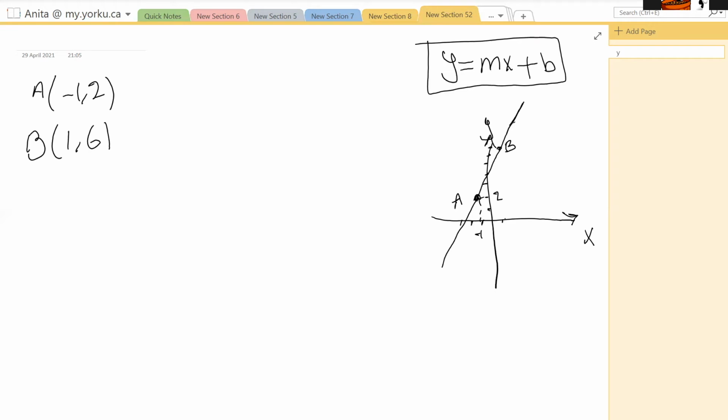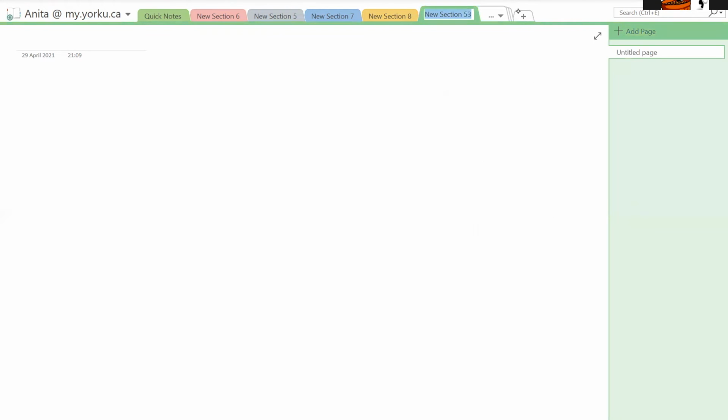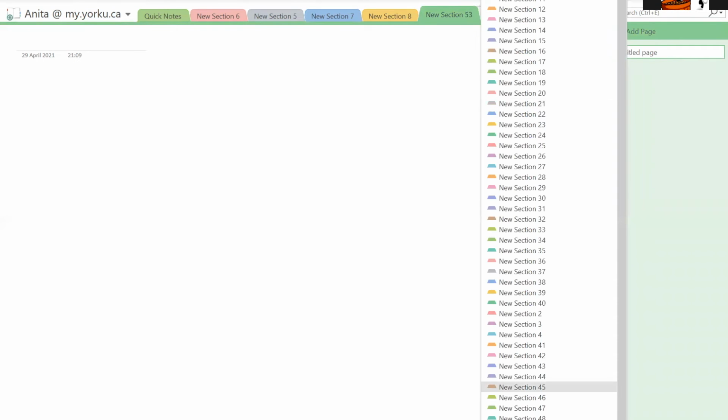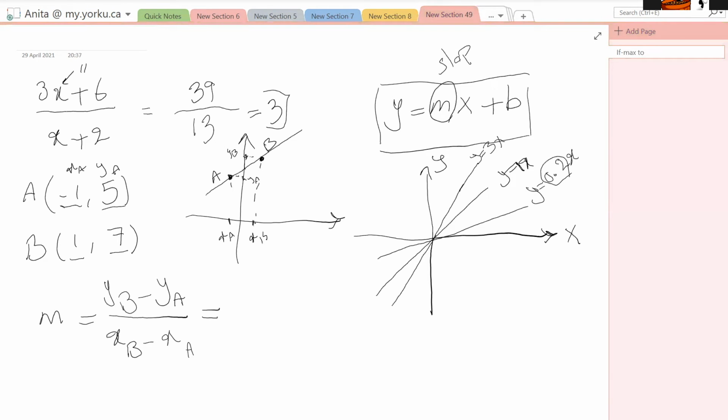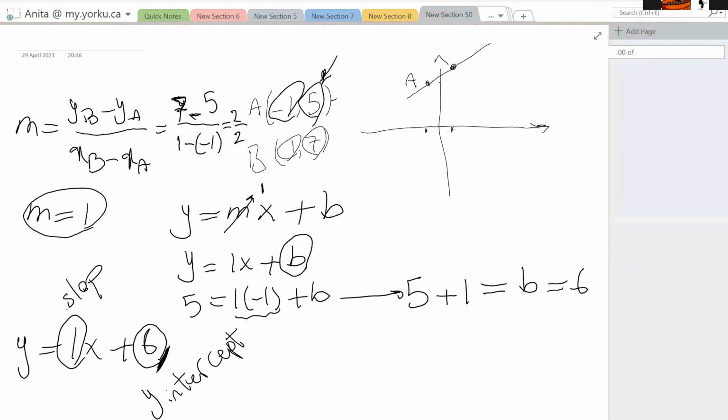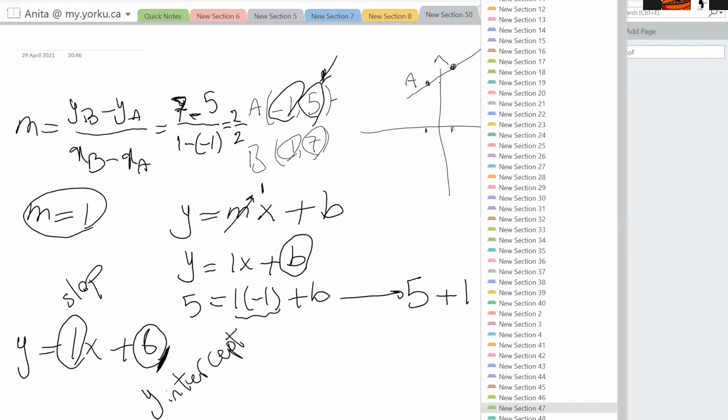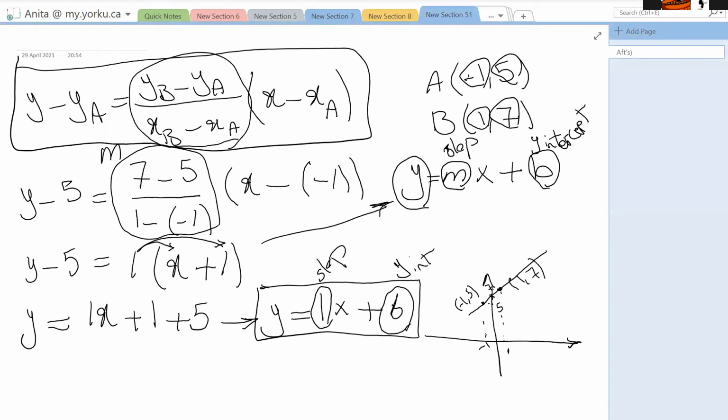But the question is, what is the equation of this line? How do we find the equation of this line? You remember I gave you a big formula. Look at the last slide. Look at the formula that I put in the box.